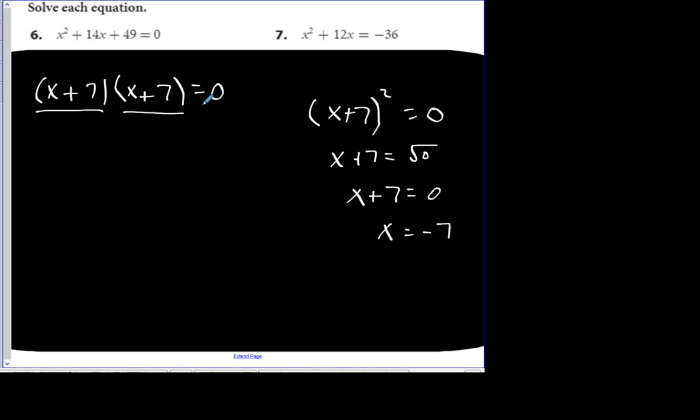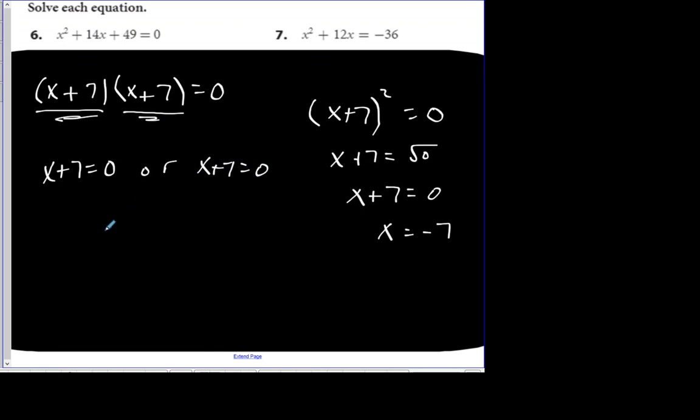Now, what if we wanted to use the factoring method and the zero product property? You see, x plus 7 is one factor and x plus 7 is the other factor. That means one of these has to be equal to 0 in order to get a product of 0. So you could say, all right, x plus 7 could be 0, or this one could be 0. Well, what do you notice? They're exactly the same.